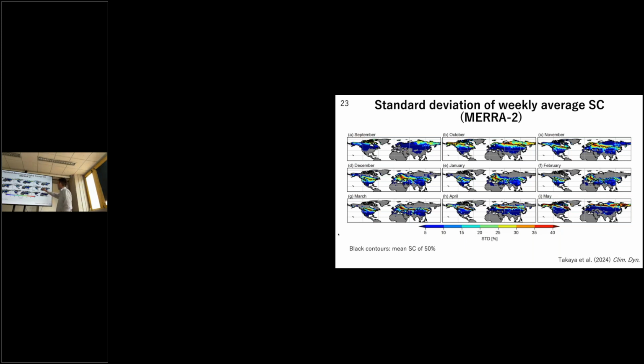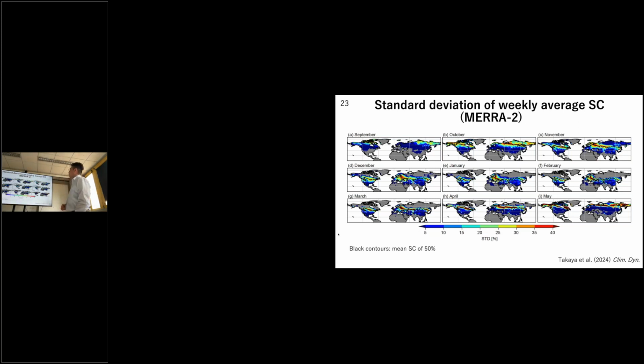By the way, the black line shows the snow cover of 50%. So we see the time evolution of the snow cover from northern summer to winter. We have expansion of snow cover as time evolves, and we also see the retreat of the snow cover area in May.